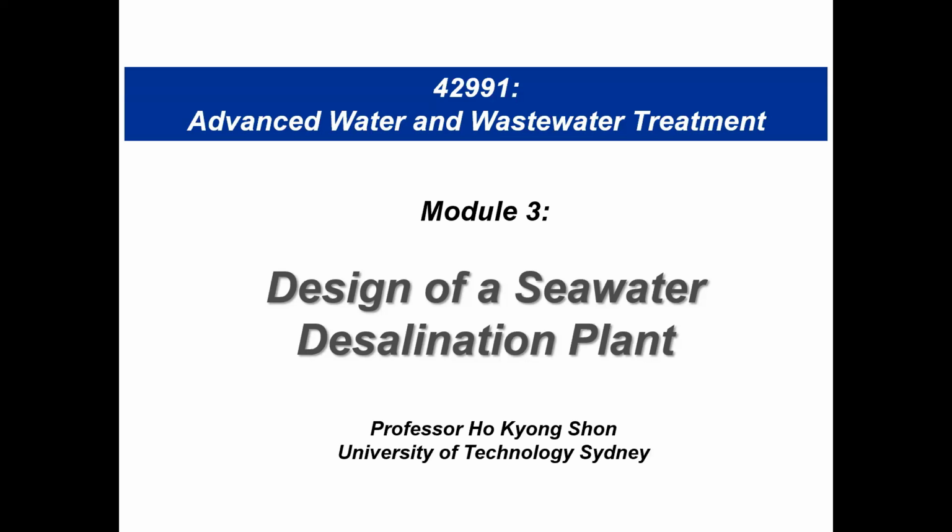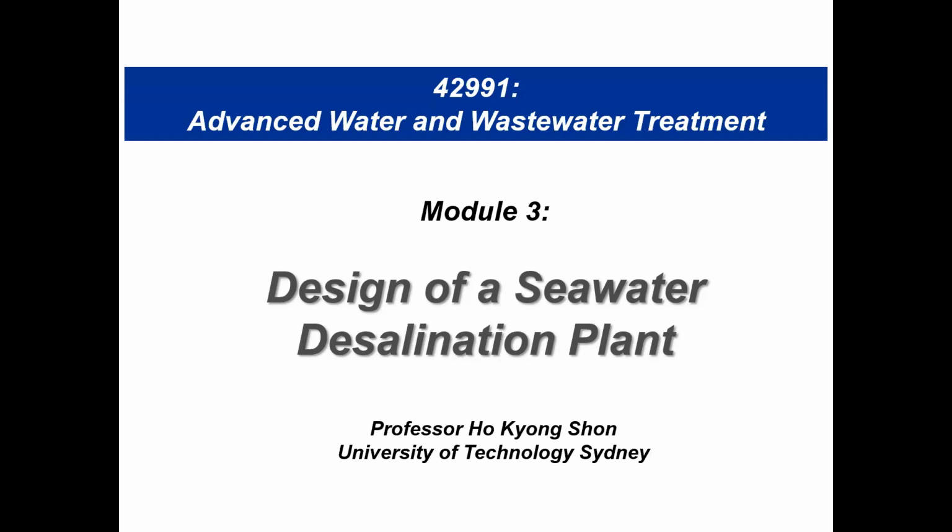Also, how many people know what the last assignment in this block 3 is? We need to design a seawater desalination plant. This is 35% of your score. We need to look at how to make a process for seawater desalination.